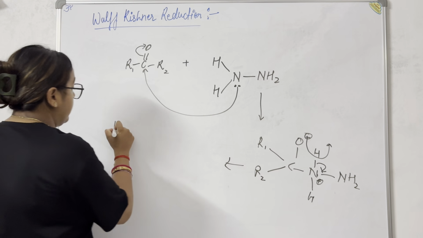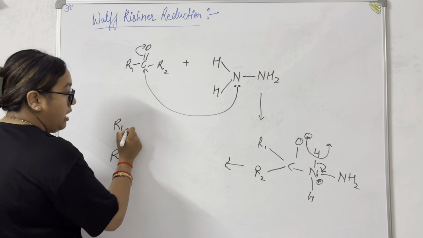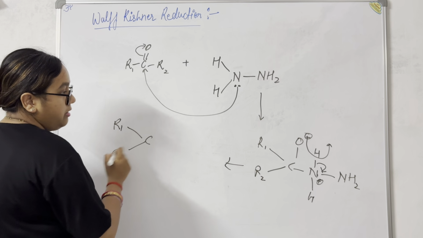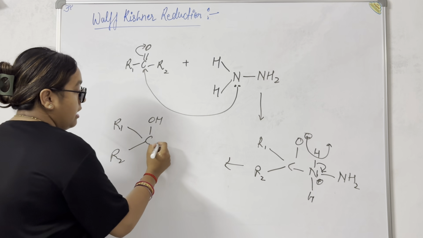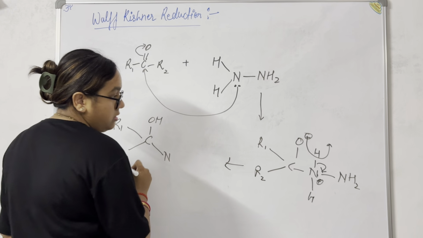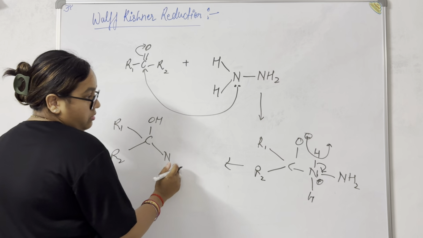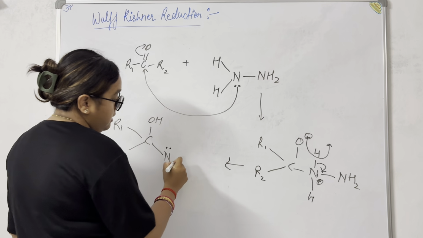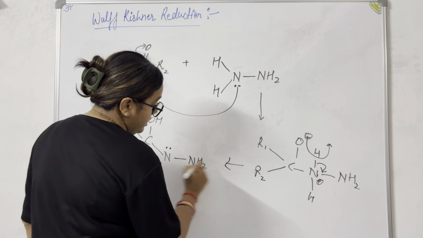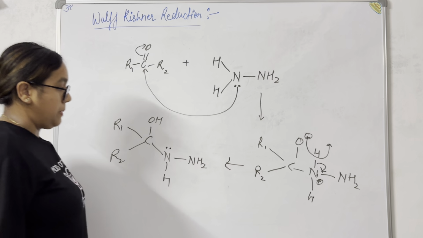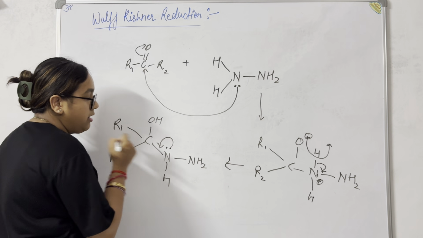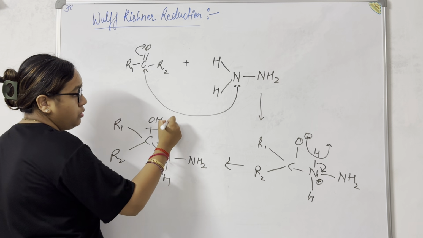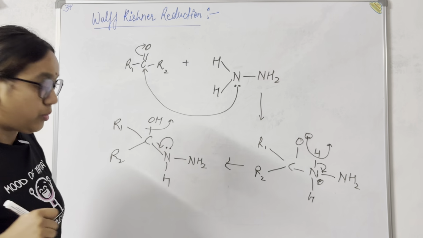What we get now is R1, R2, and this carbon atom gets the alcohol group, and this nitrogen gets the lone pair back, with this hydrogen atom. Now this lone pair again forms a bond with carbon and forces the hydroxide group to leave.